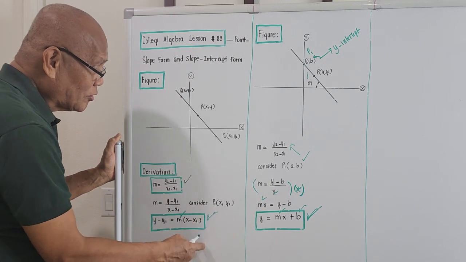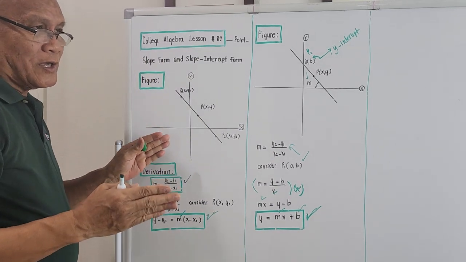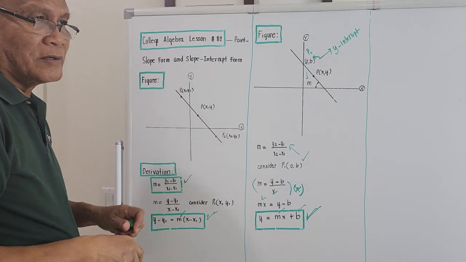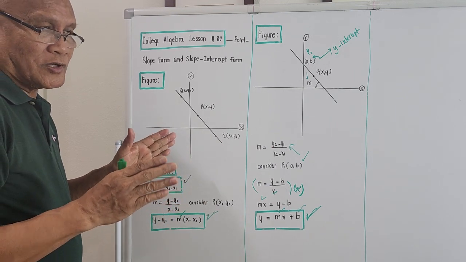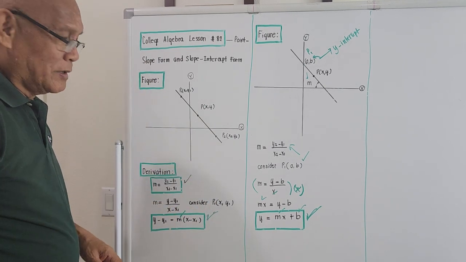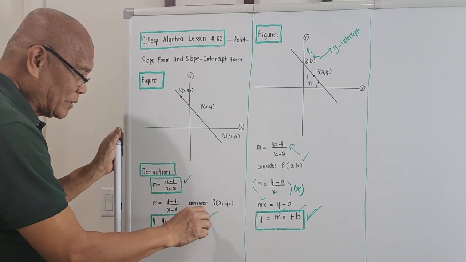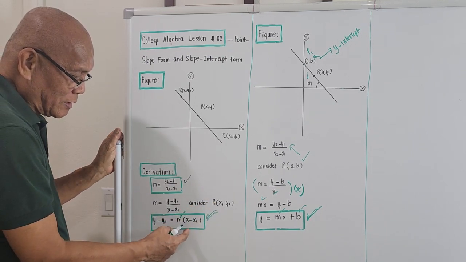This is the so-called point-slope form. Meaning, we are given two points on the straight line, so we could compute for the slope. Then to take the slope again in terms of x and y, we just consider one point, so the resulting equation will be y minus y1 equal to m times the quantity x minus x1.